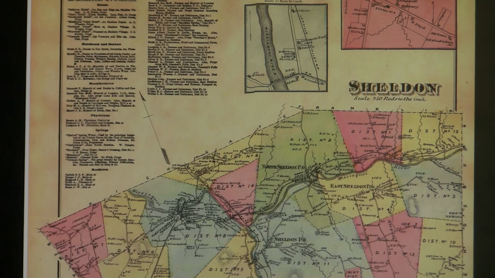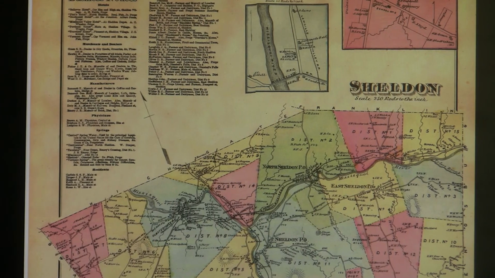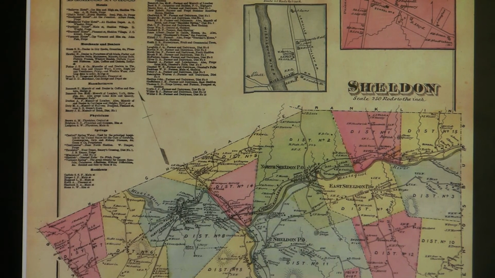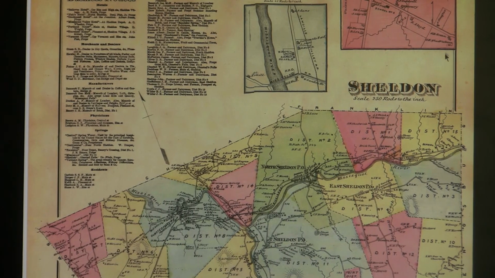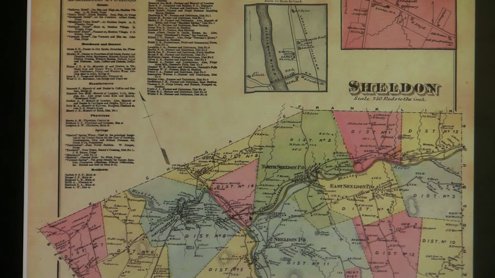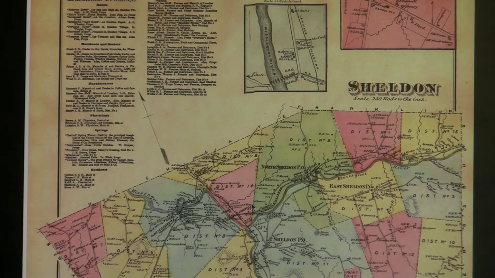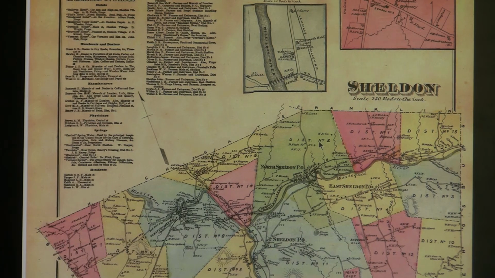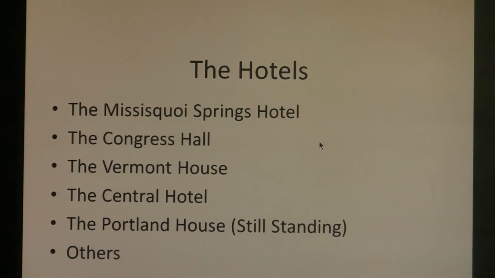It still does produce a trickle of water, but it was never very productive. And being a considerable distance from this spring to a village to a rail station, it never could attract tourists, and so therefore it did not get developed.